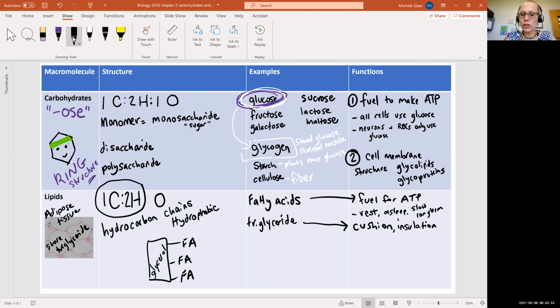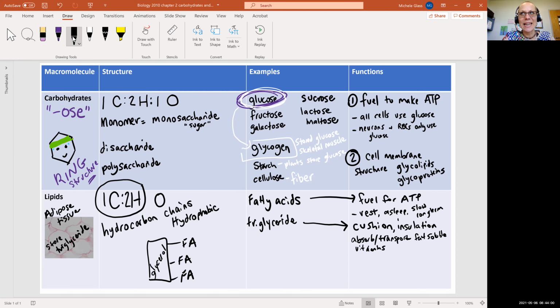We'll also see that triglycerides are important in helping to absorb and transport fat-soluble vitamins. Because if it's a vitamin that's fat-soluble, that means it's non-polar.